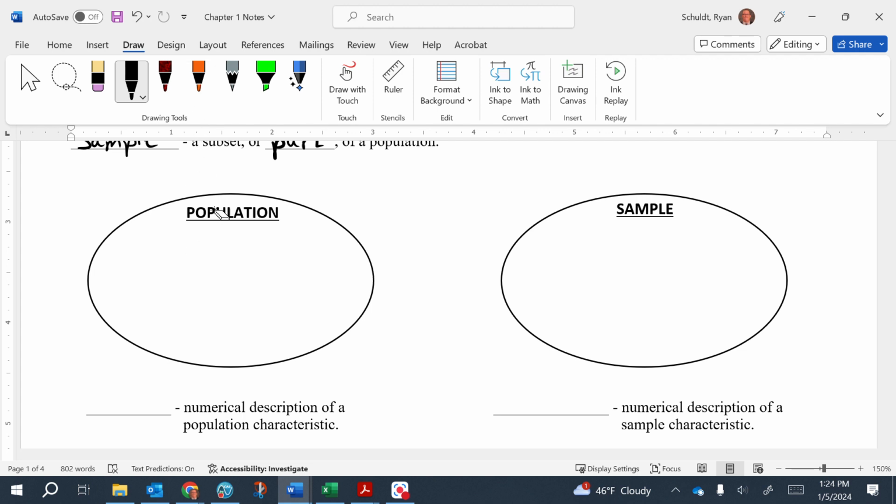So for population, things that we can look for are mu, which is the mean. Sigma squared, that is the variance. Sigma is called the standard deviation.